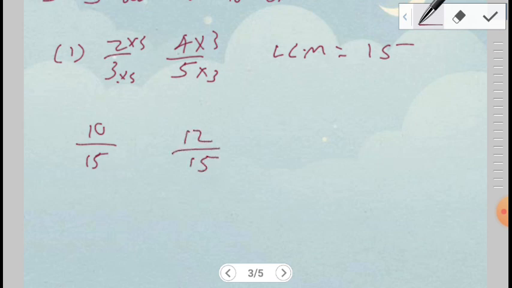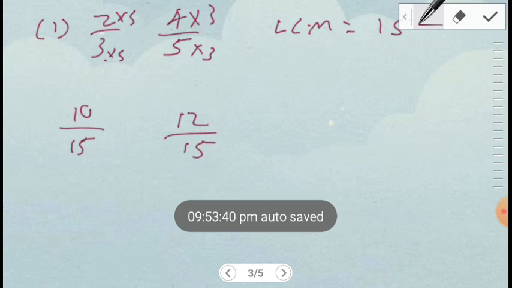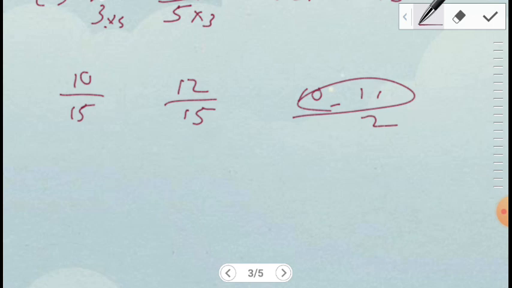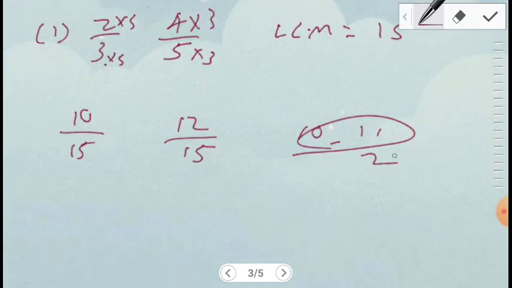You can find that it has only 2 between numbers. Here 10 and 11 are there, which means 2 numbers, but we need 5 numbers. So the remaining is 3. 3 numbers will remain between these two fractions.